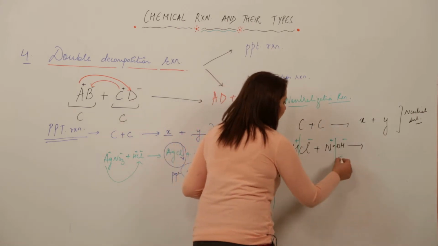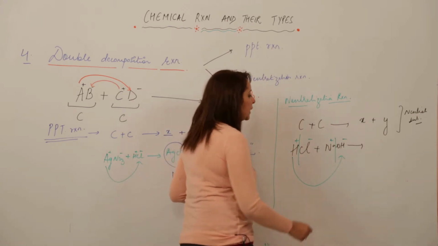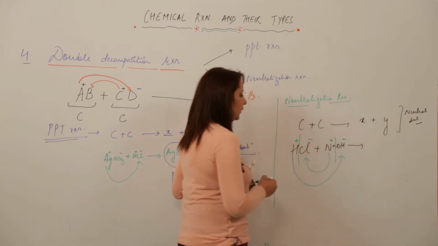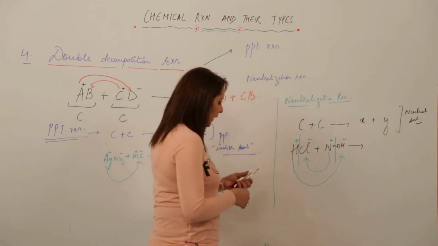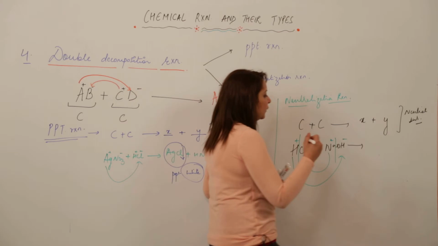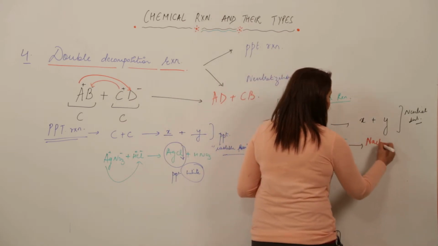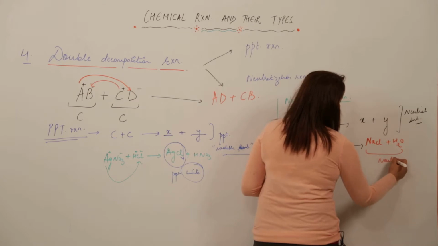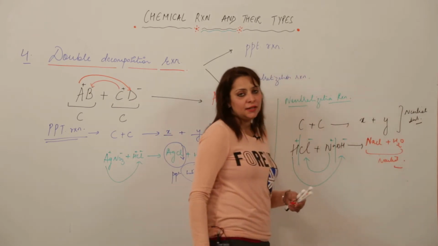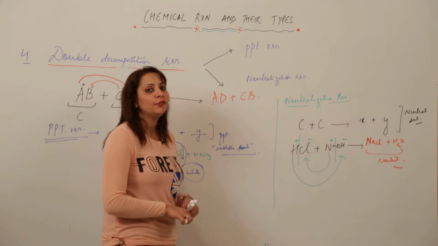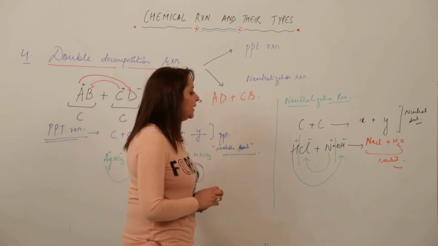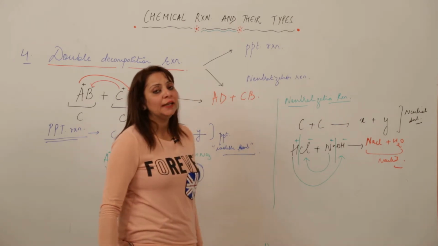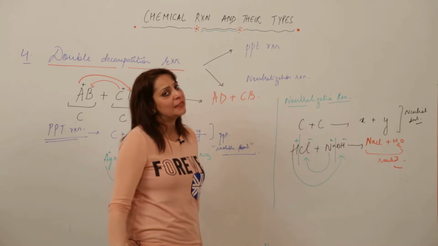This positive part will react with this negative part, and this positive part will react with this negative part. So what product will we get? We will get NaCl plus H2O. This is a neutral substance. That means this forms a subcategory of neutralization reaction. A double decomposition is also occurring, and it leads to the formation of a neutral substance as well.